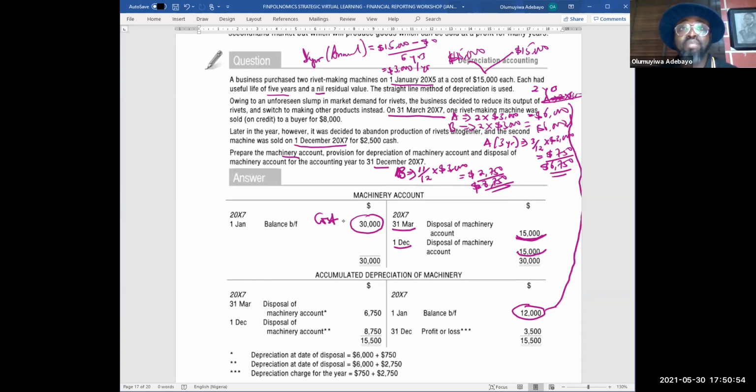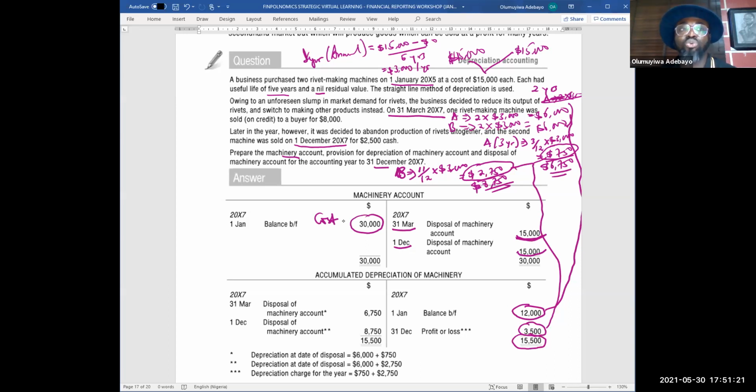Now, in the current period, you've had only 750, which is 3 months for A, and 2,750, which is 11 months for B. That is what makes up this 3,500. Aggregately, the total depreciation that has been charged on the two assets that were disposed of is 15,500.